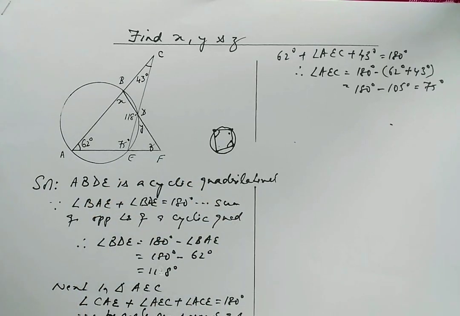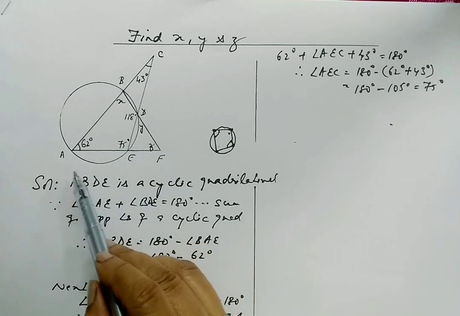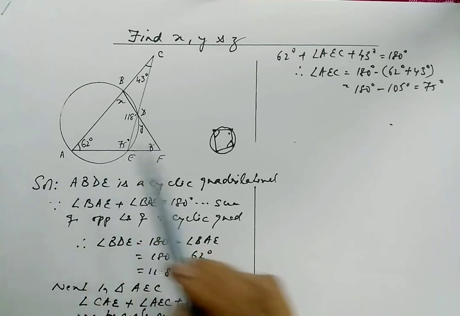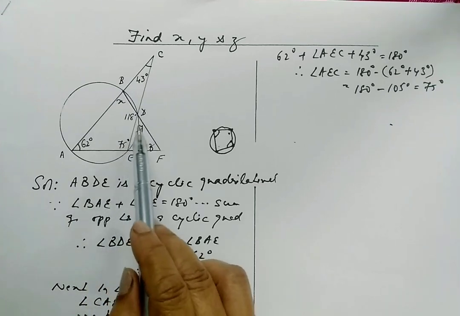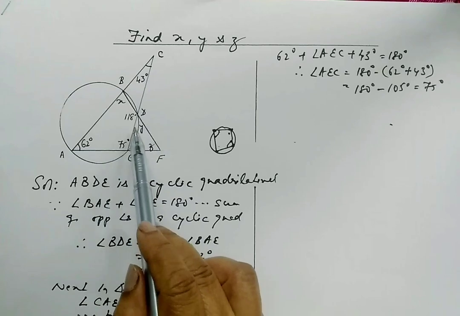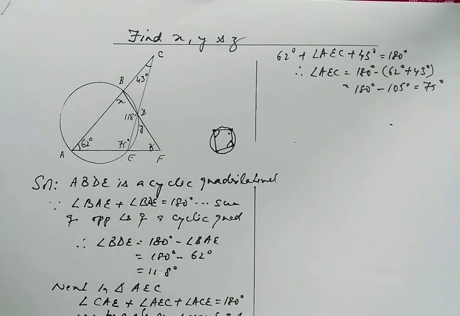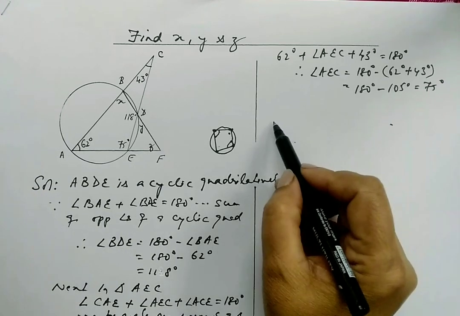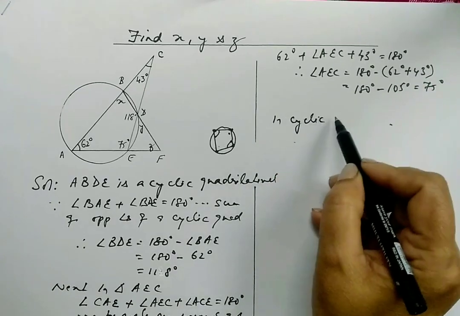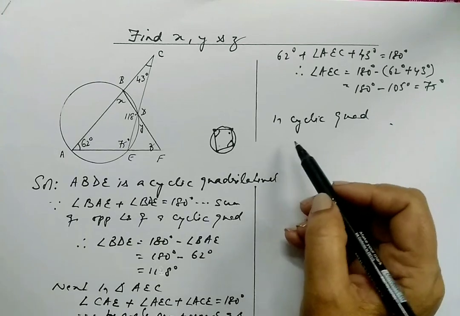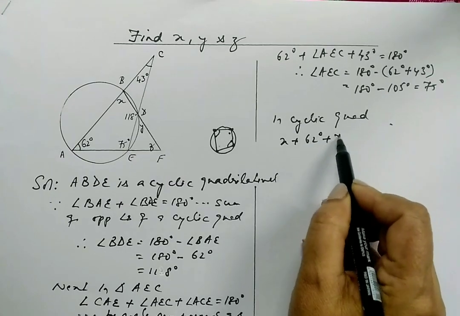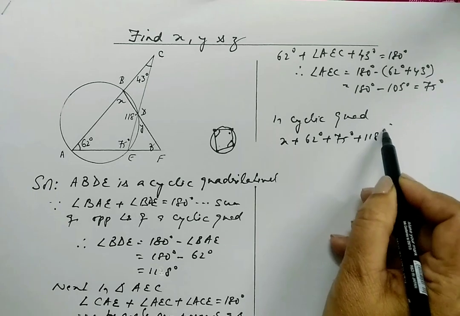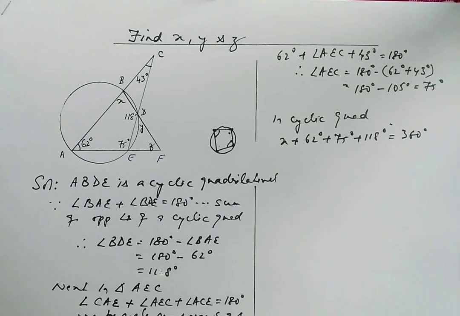Alright guys, now look at the cyclic quadrilateral A, B, D, E. We have three angles complete except for X. So in our next move, in cyclic quadrilateral, X plus 62 degrees plus 75 degrees plus 118 degrees is equal to 360.